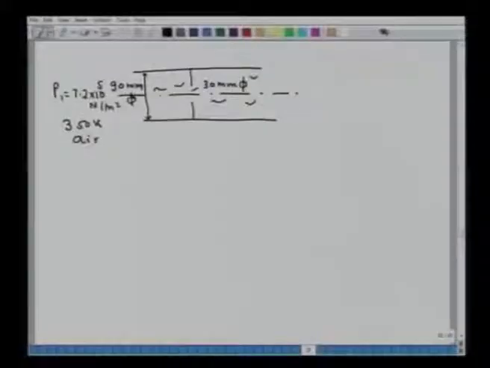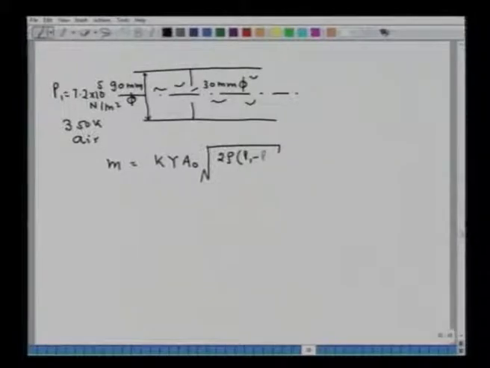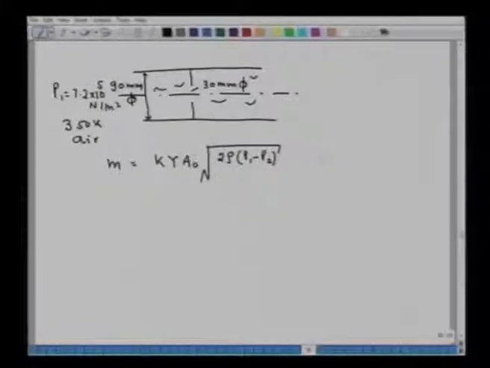So, we got this equation: mass flow rate through the orifice is equal to K Y A0 times the square root of 2 rho (P1 minus P2), where P1 minus P2 is the pressure differential, K is the flow coefficient, Y is the expansion factor, and A0 is the cross sectional area of the orifice. So, now we proceed to calculate the different parameters.